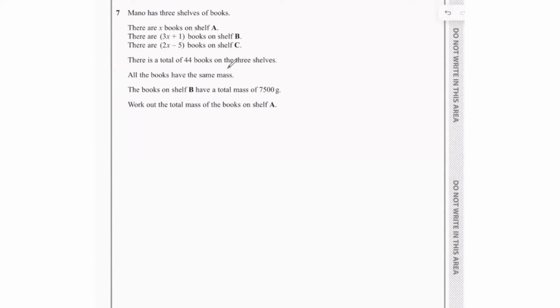So if all of the books together are 44, it's going to be X plus 3X plus 1 plus 2X minus 5 equal to 44. So you collect the like terms. X, 3x, and 2x are like terms.